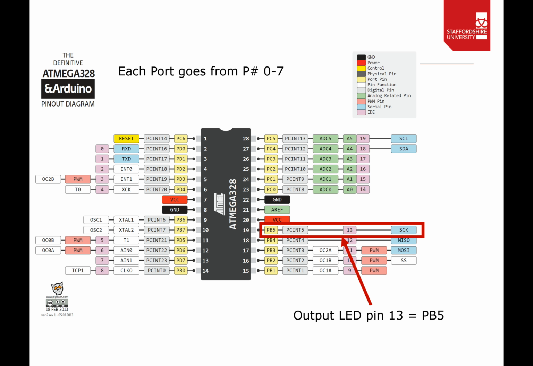I already mentioned this pinout diagram in the first lecture. So here we've got the output LED pin 13 because it's in the pink, and it's port B pin 5. So on port B it's 0, 1, 2, 3, 4, 5.